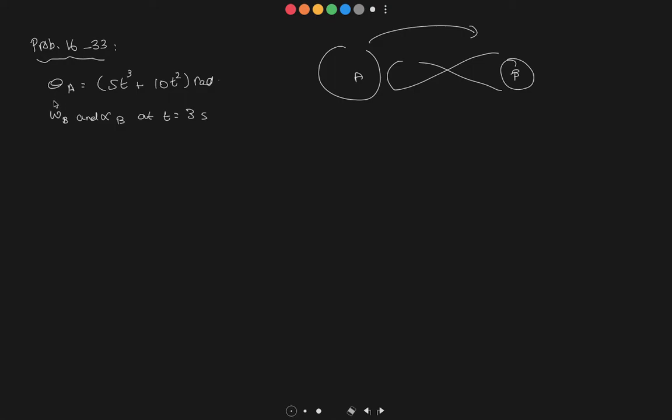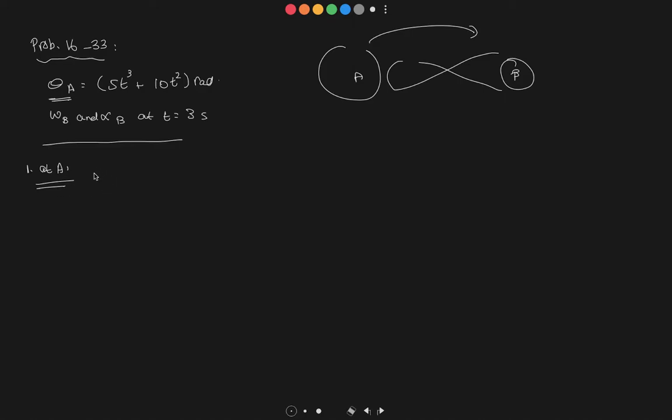Now, if theta A was given, then if we differentiate that with respect to time, we get omega A, and if we differentiate again, we get alpha A. This is how we solve this problem. Let's start at A.